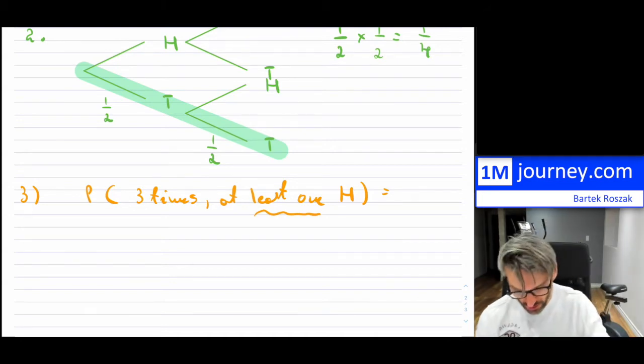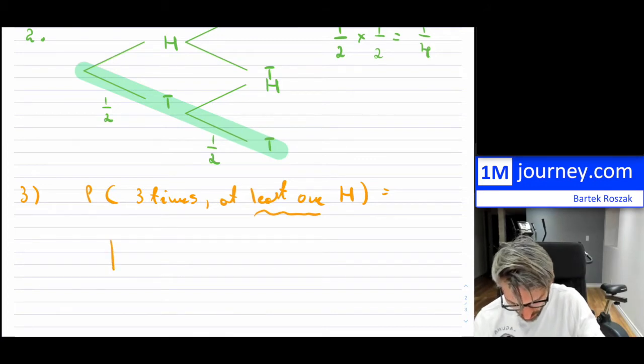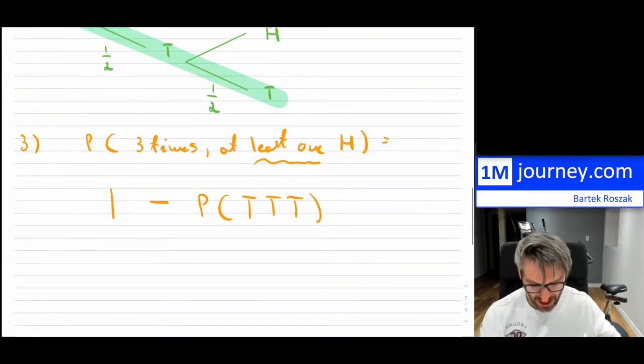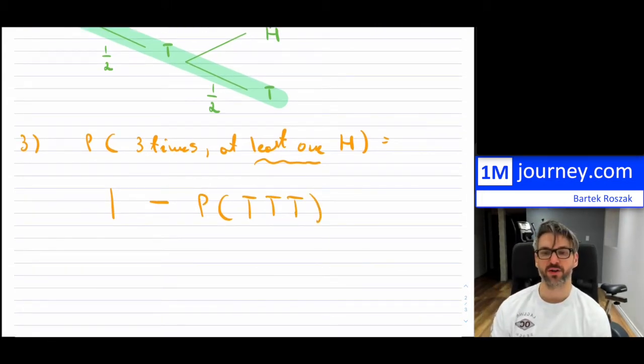So what I'm going to do is take 1 minus the probability that all 3 are tails. If all 3 are tails, then obviously I got no heads. So 1 minus that probability will give me the probability of at least 1 heads in your tosses.